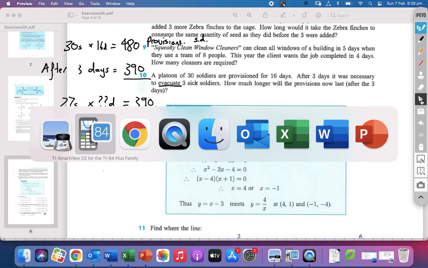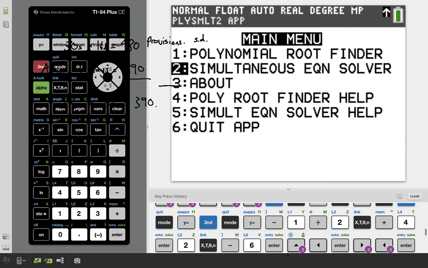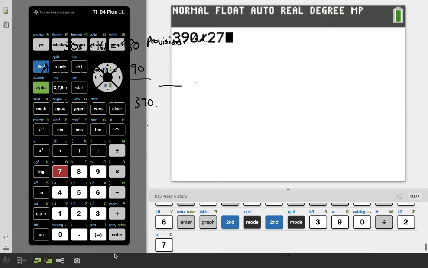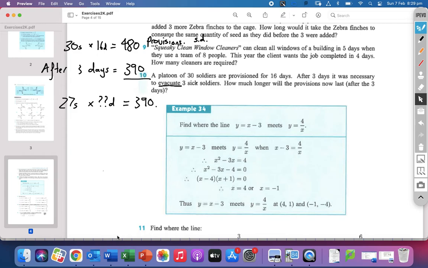The cursor's not selected. Bear with me. All right. 390 provisions, only 27 soldiers now. 14.44 more days. Okay. So I think that answers the question.